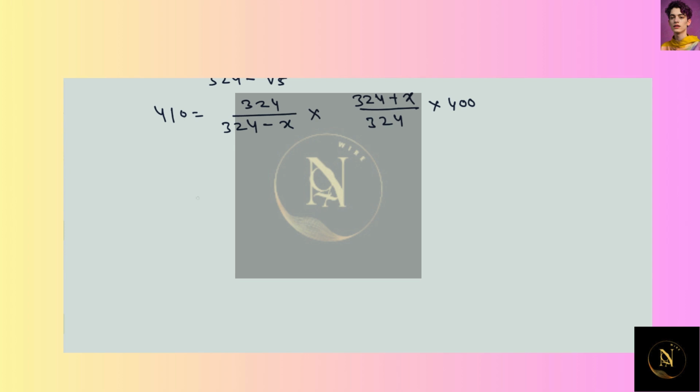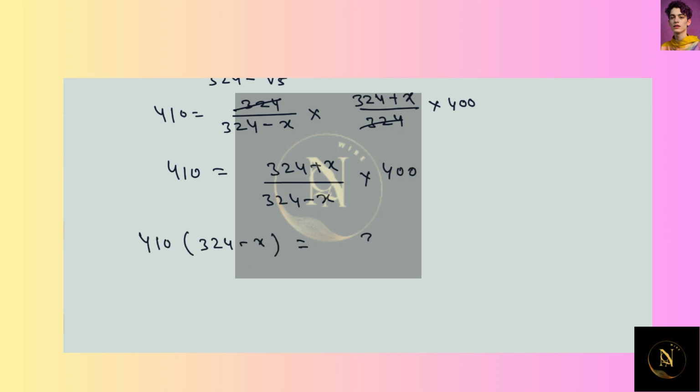We simply have to solve this equation to find x. The 324 cancels, so 410 equals 324 plus x divided by 324 minus x, multiplied by 400.